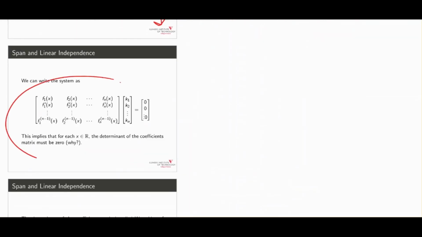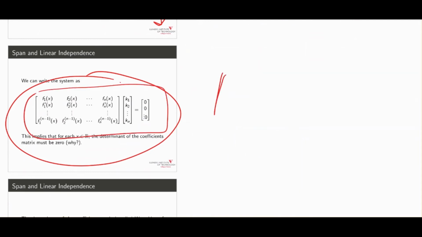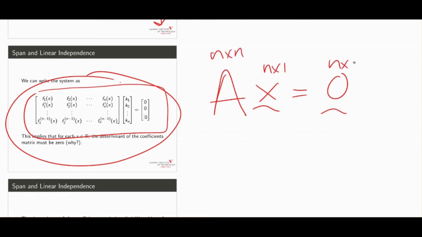If you look at this, this is a system that looks like AX equals 0, right? An n by n matrix, an n by 1 matrix, and an n by 1 matrix.